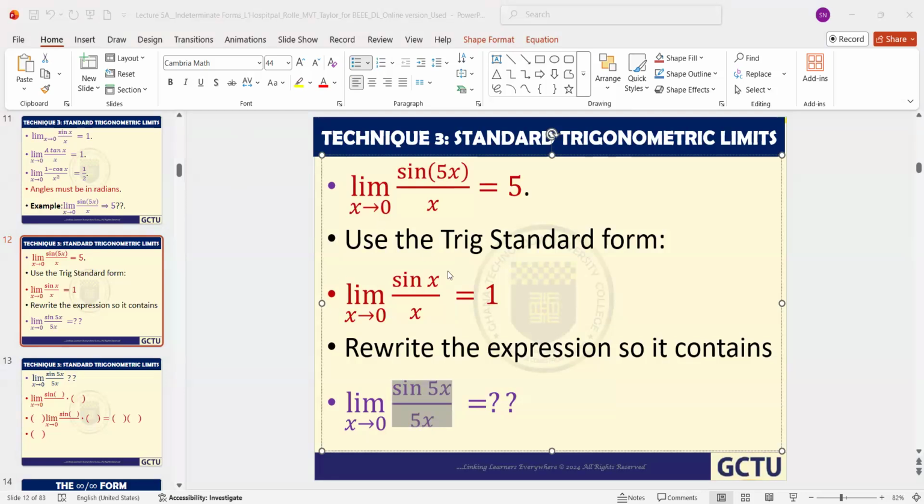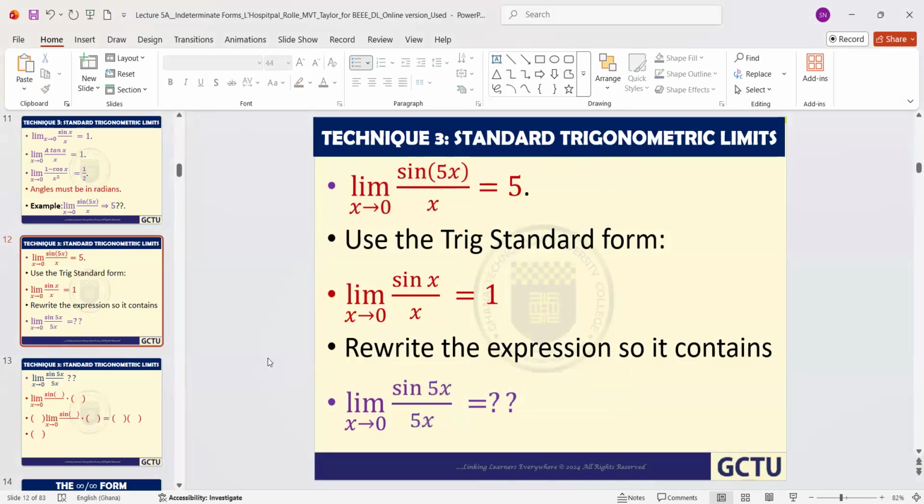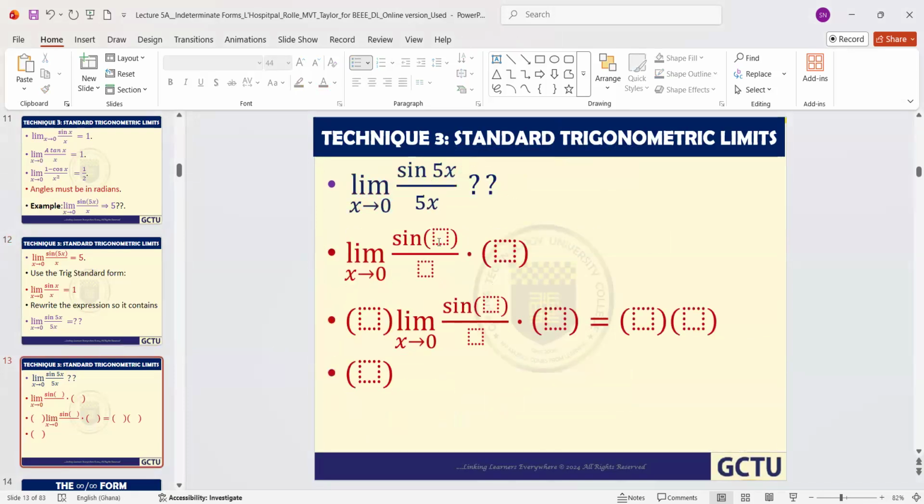We are revising certain methods of indeterminate form. So let's take the equation here. How can I write sine 5x over x to look like sine 5x over 5x? How can I do that? Very simple. So it means that this is a question.